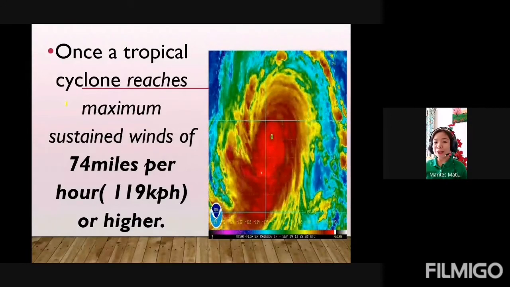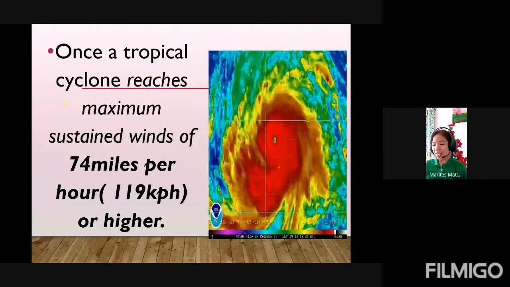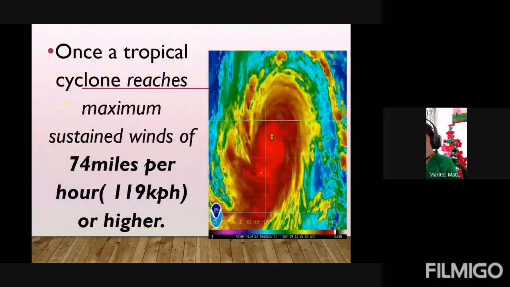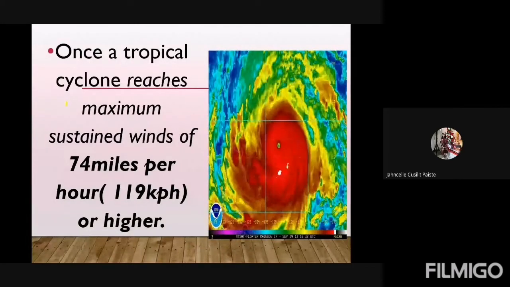So we have a wind speed requirement. Any question? None po.